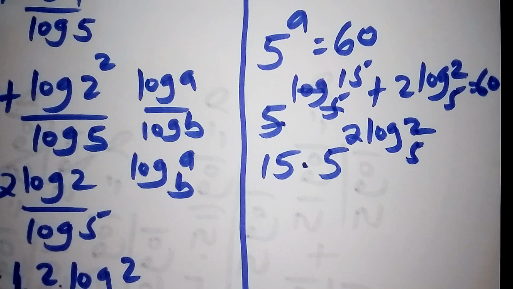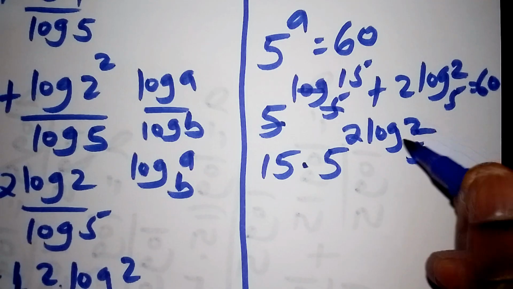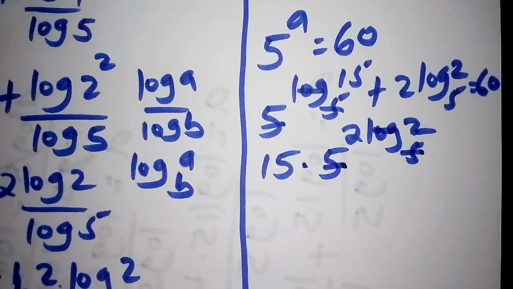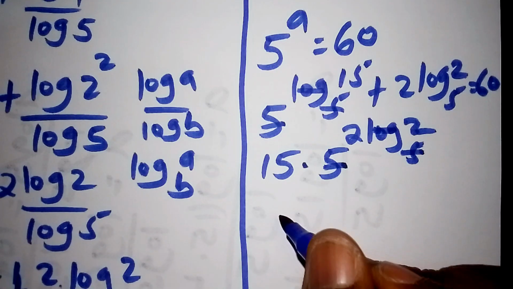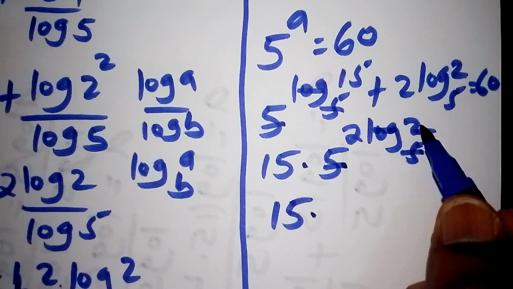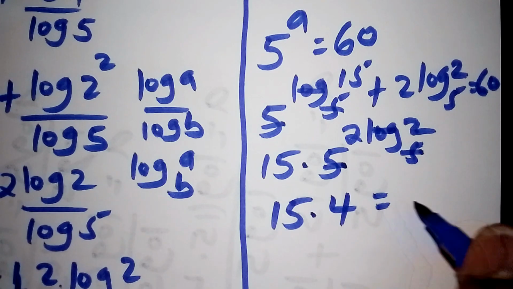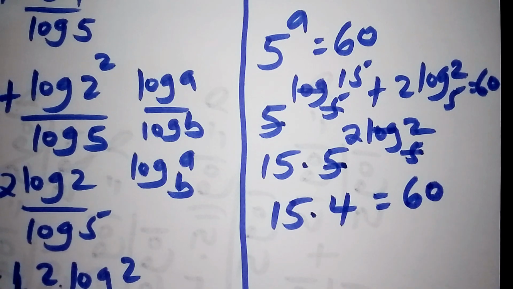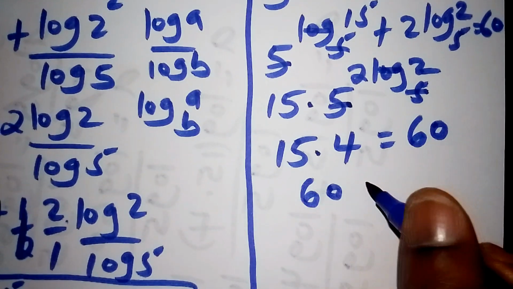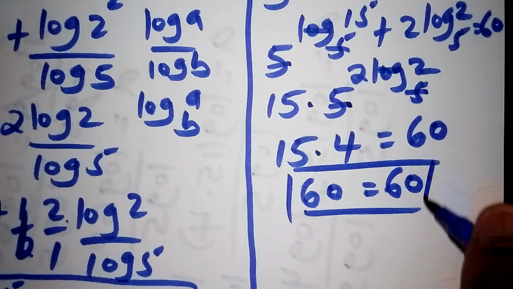Here again the log to the base of 5 cancels this 5, so we have 15 multiplied by 2 times 2, which is 4, equal to 60. So 15 multiplied by 4 is 60, equal to 60. It means that our answer is very correct.